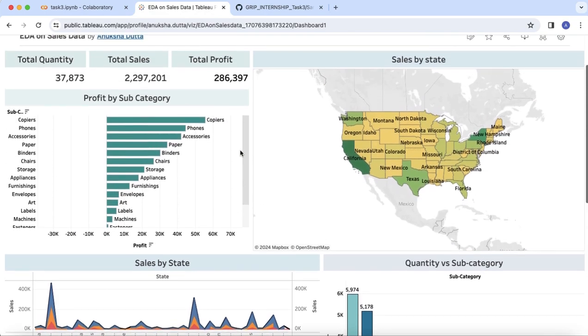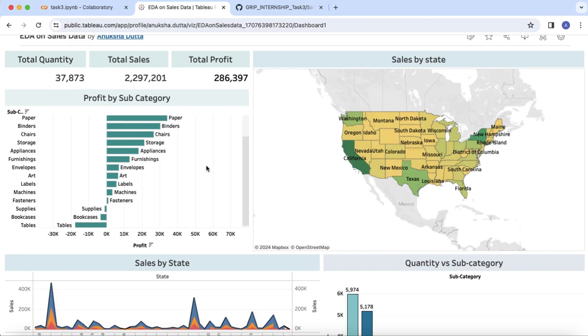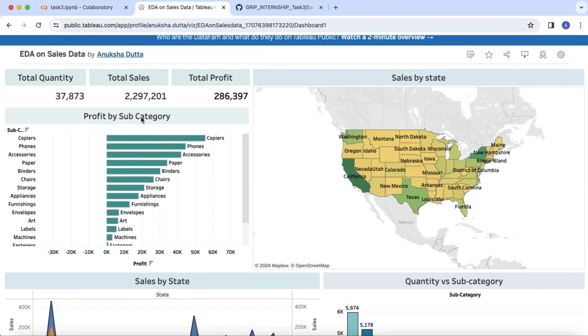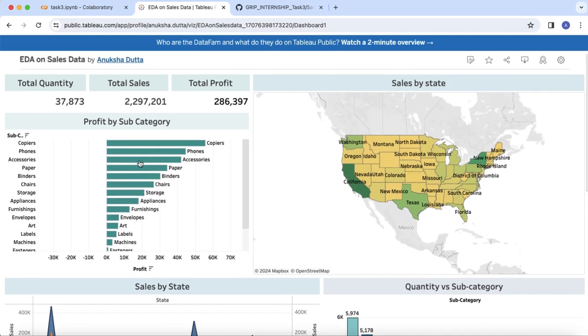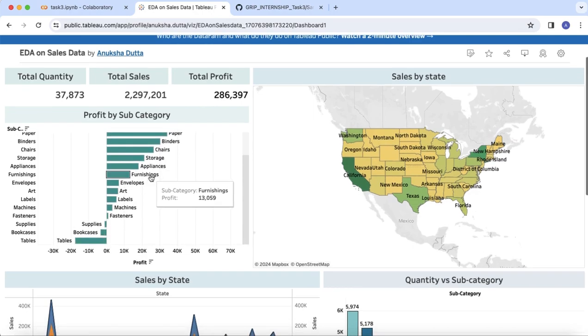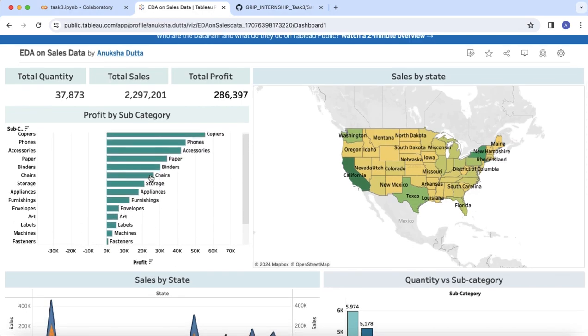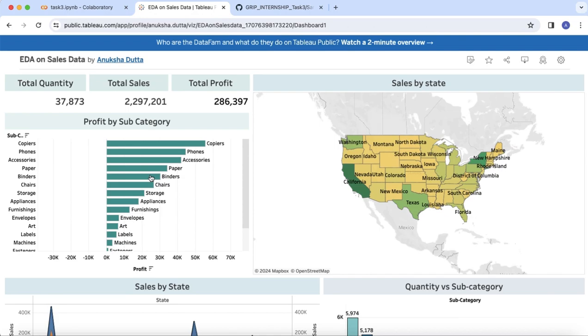Going through them one by one, I first have this chart that is profit by subcategory. This is a bar graph in a horizontal orientation. In this chart, the profits and the subcategories are shown.